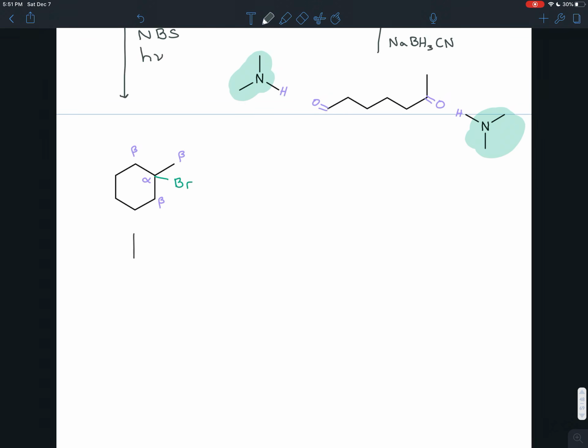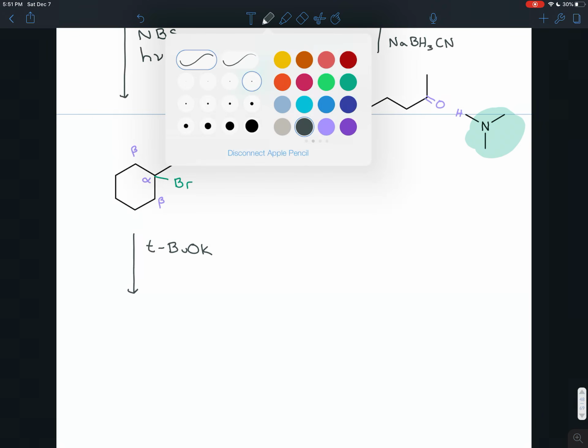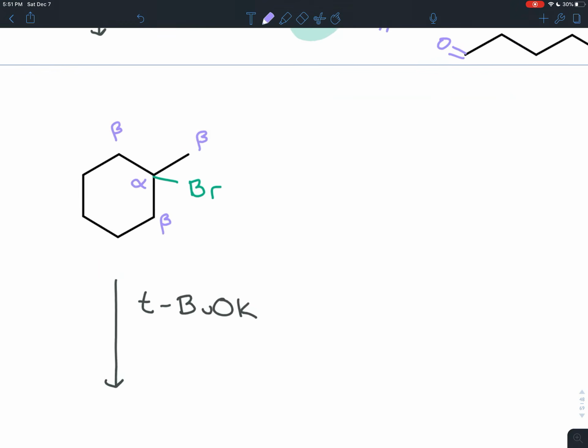We could do one elimination where we use a bulky base, like potassium tert butoxide. And that bulky base will only be able to steal a hydrogen from the least crowded beta carbon. So in this scenario, potassium tert butoxide, which looks like this, the negative oxygen there would be able to steal this hydrogen, the electrons go toward the leaving group and kick the leaving group off.